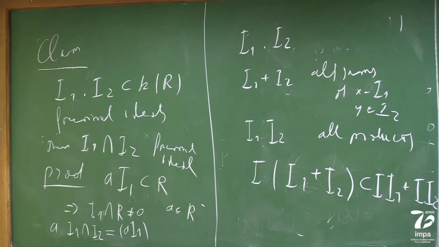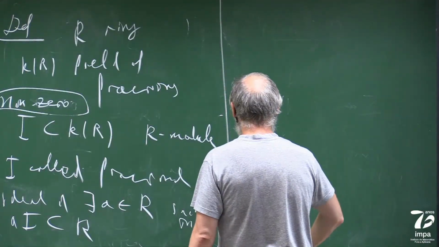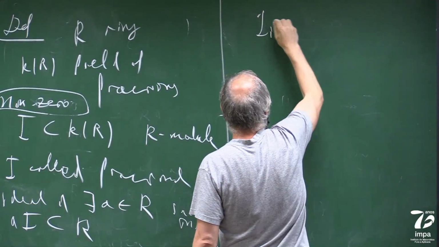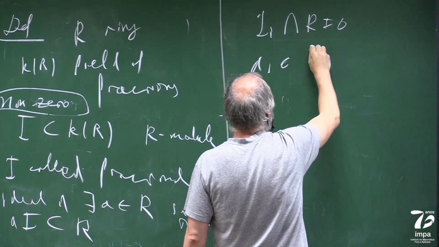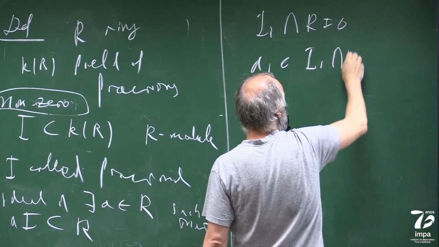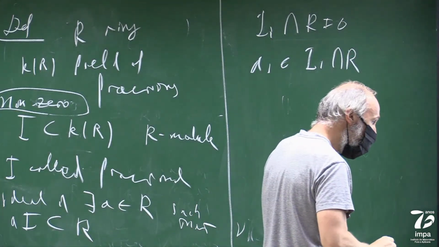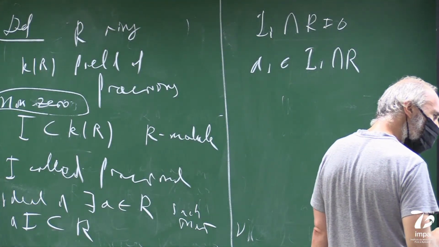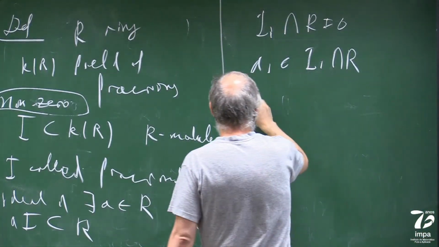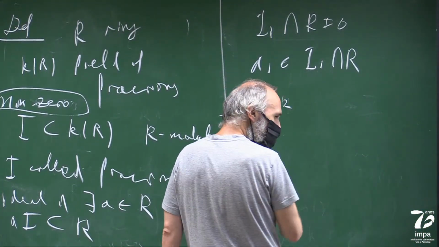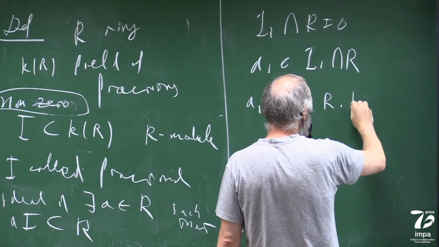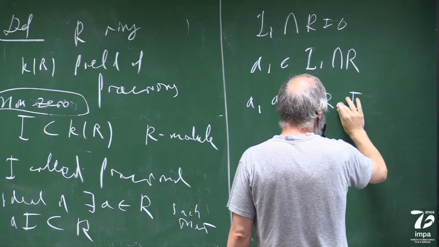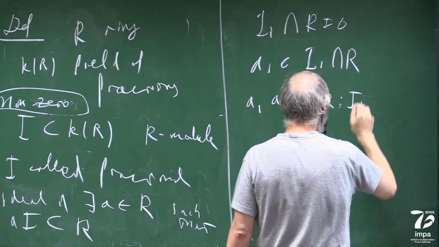Let's do it like in the slides. We already know that I intersected with R is non-zero, so take A_i in this intersection, I_i intersect with R. Then you have A1, A2. It sits in R times I_i. Right?